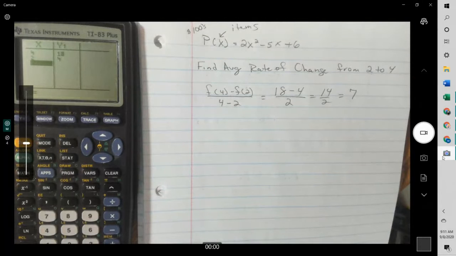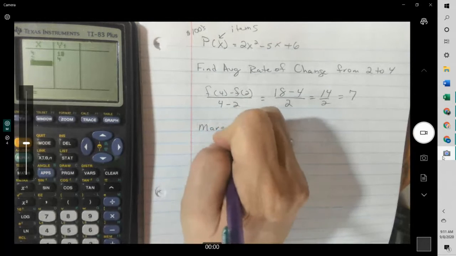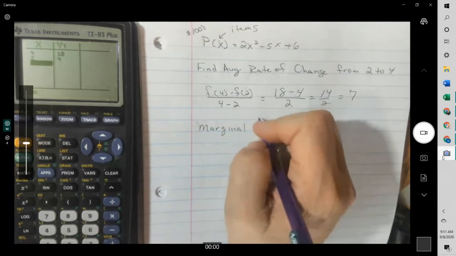Part B says, find and interpret the instantaneous rate of change of profit at 2. This is called marginal profit. In Chapter 2, we'll learn a shortcut for it.